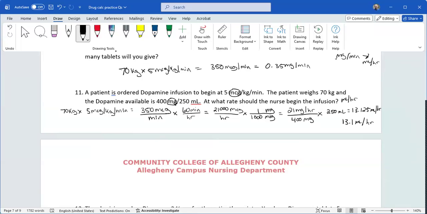Do you do order over available? So would it be 0.35 times 60? Yeah, you can do that, because that's your 60 minutes per hour. Right. And maybe that's where you got that 80 something? Let me just see here.